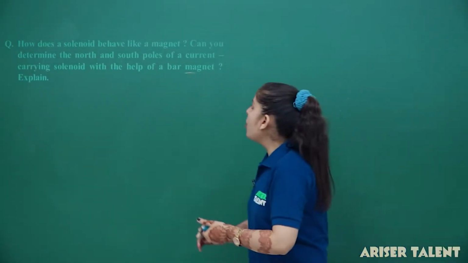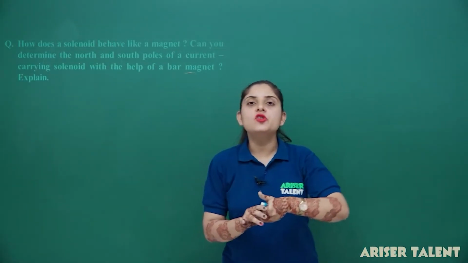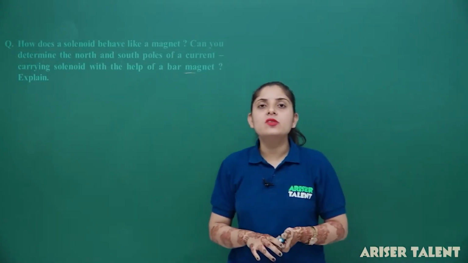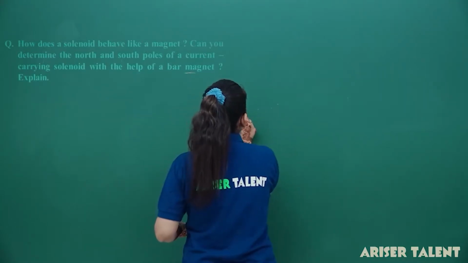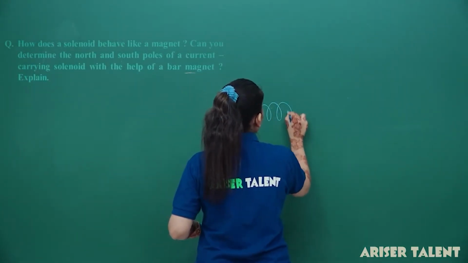How does the solenoid behave like a magnet? A solenoid behaves as a magnet because it has circular loops.